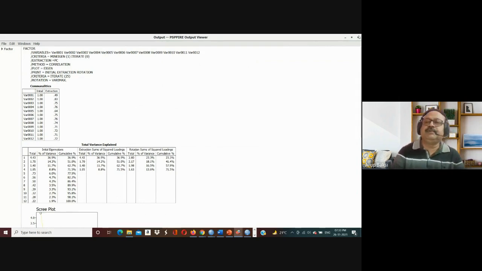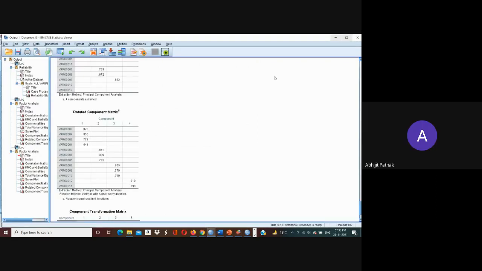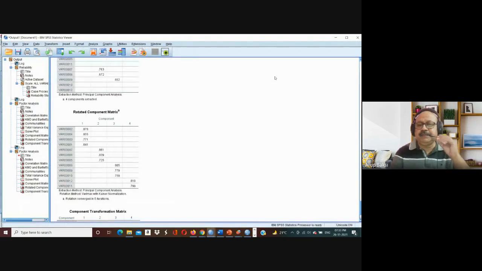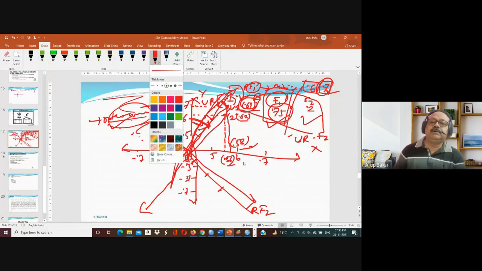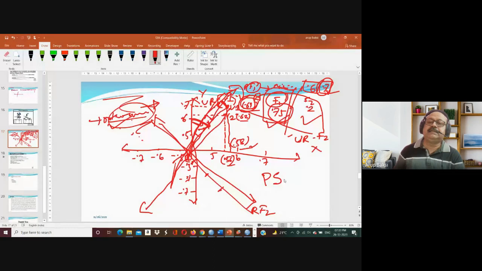As I told you, it's almost synonymous to SPSS. You can download it freely and use it. All the statistical analysis that can be done by SPSS can be done by this particular platform.